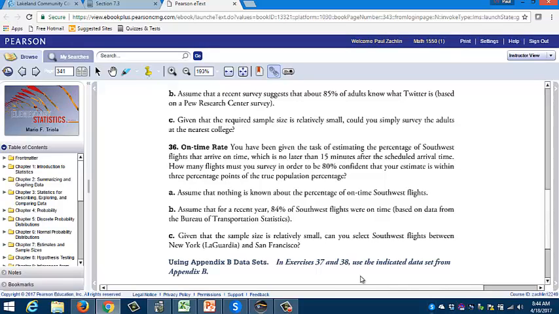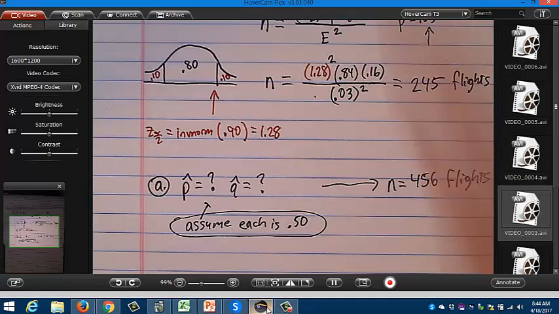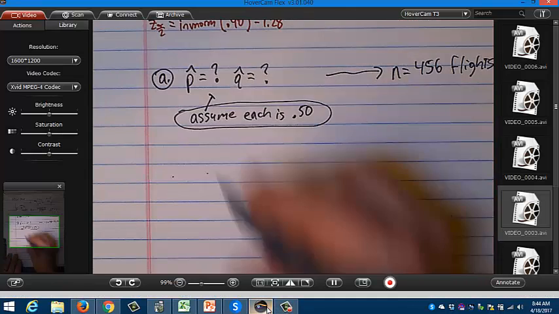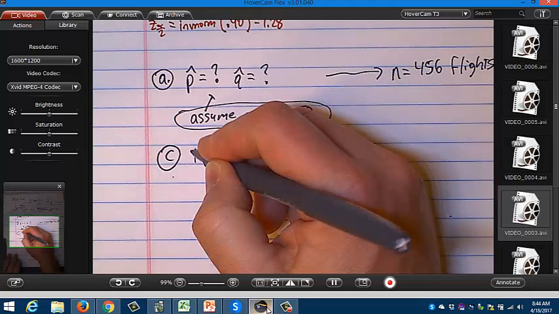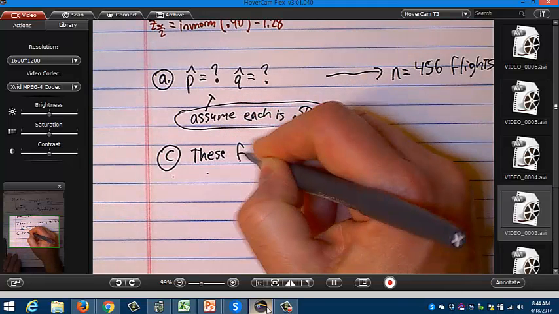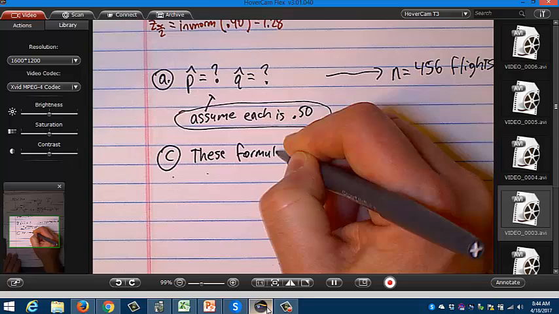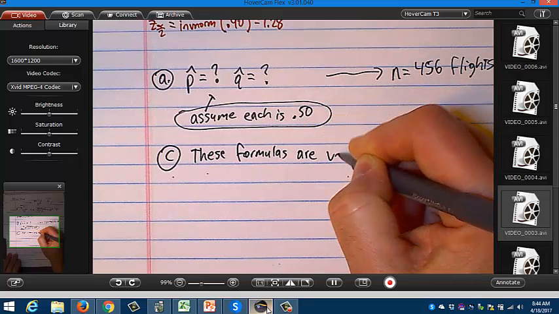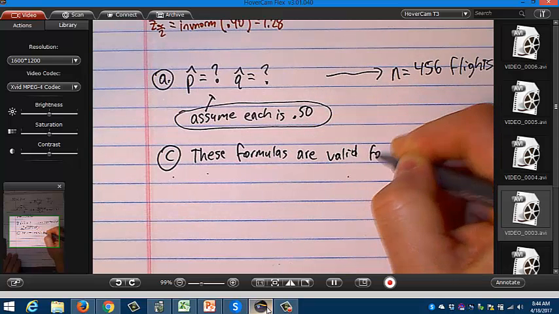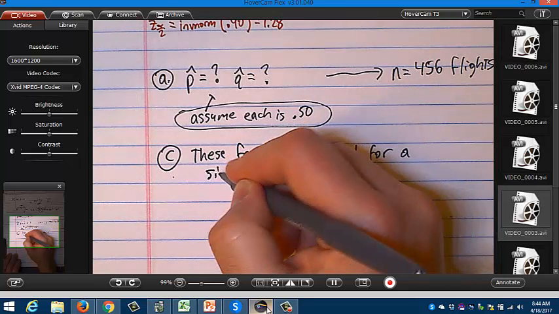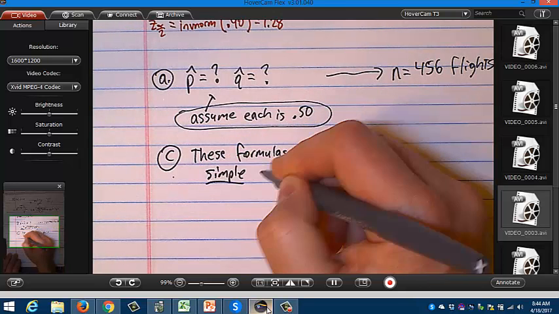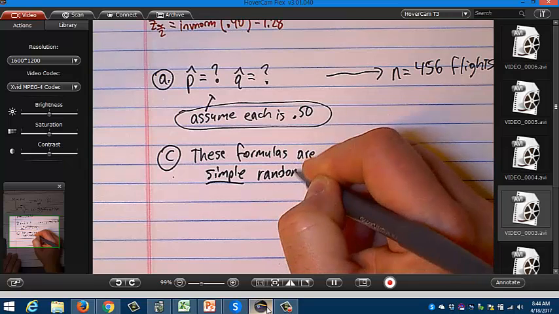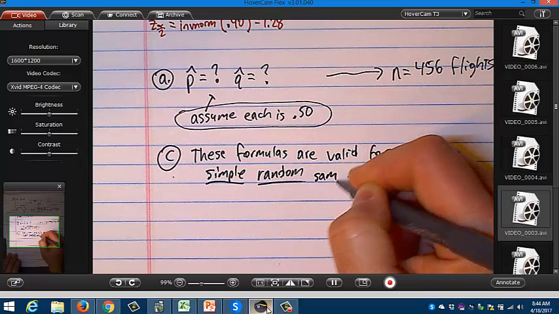Part C. Here's my answer, guys. I think this is important to understand. These formulas are valid for a simple random sample of flights.